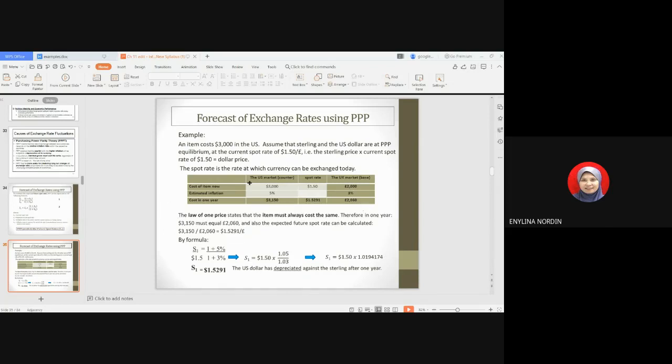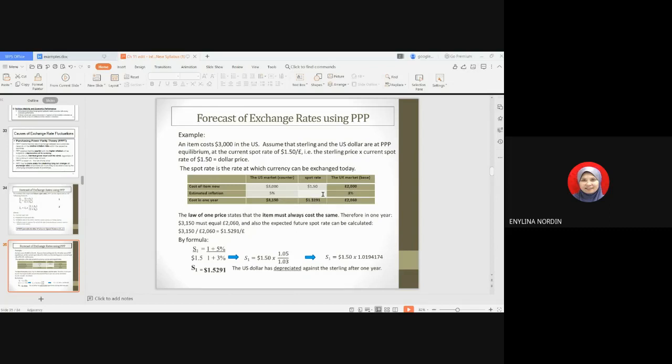You take into consideration the inflation rate and the cost of the item now, $3,000 in the US. If the estimated inflation in the US is 5% per year, then in 1 year the price is going to be $3,150.